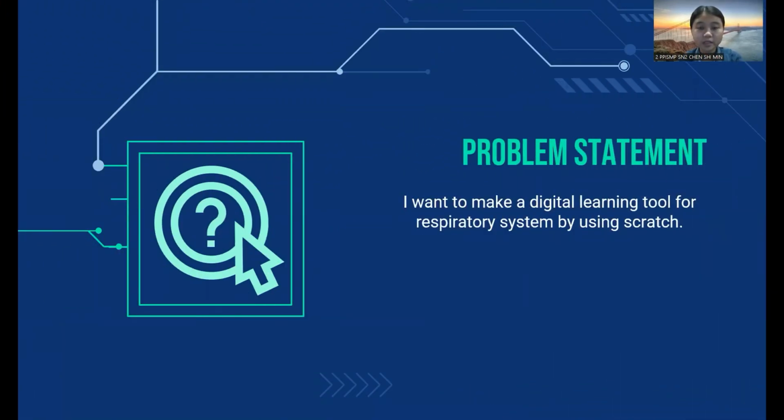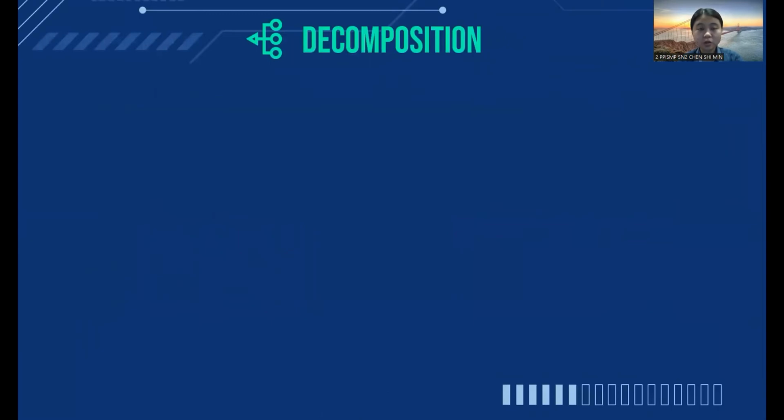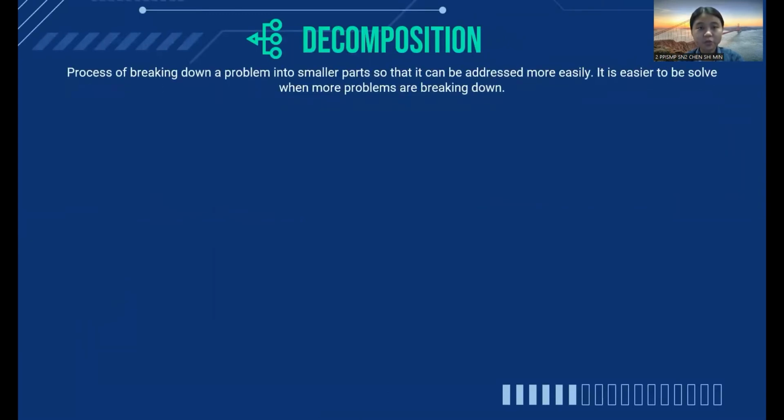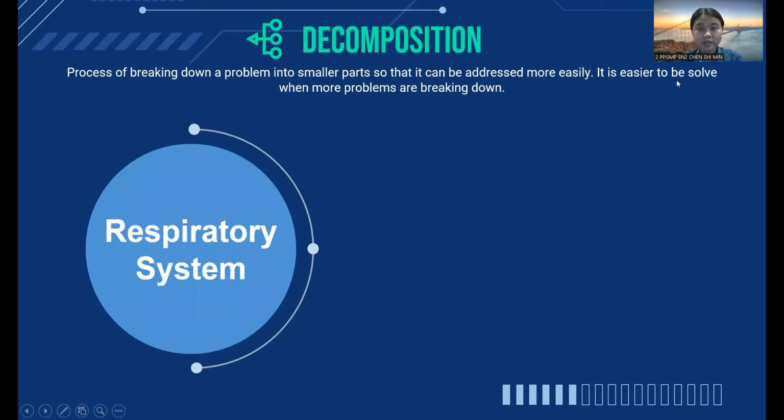My problem statement is I want to make a digital learning tool for the respiratory system by using Scratch. To apply the first computational thinking skill, which is decomposition: it is a process of breaking down a problem into smaller parts so that it can be addressed more easily.